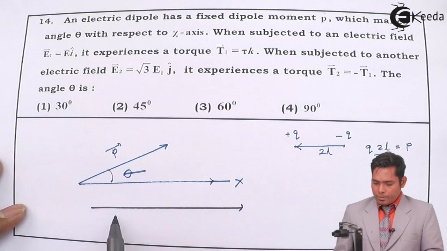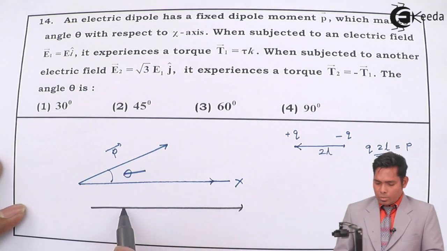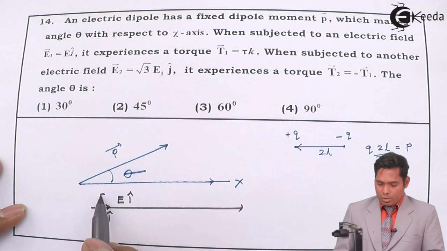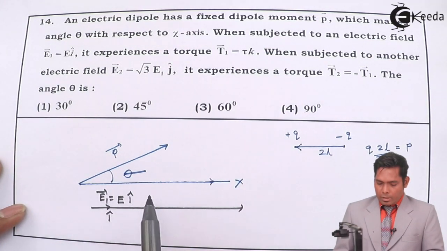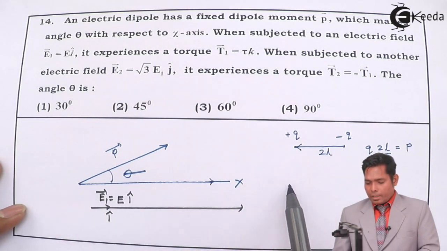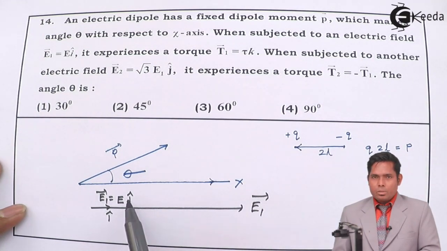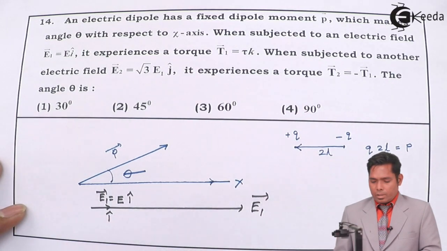This is the x-axis, and this is the unit vector i cap. So the electric field has magnitude E along i cap. This is the electric field E1 vector, which is given by E times the unit vector, along this direction.